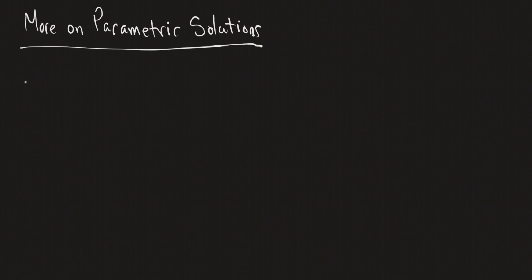So for instance, let's just go through a couple examples to illustrate some key ideas. Let's say we have this linear equation, x plus y equals 4. And again, there are infinitely many solutions to this.